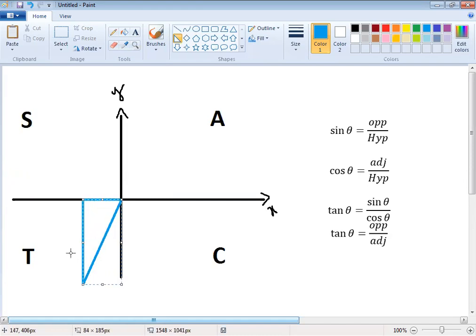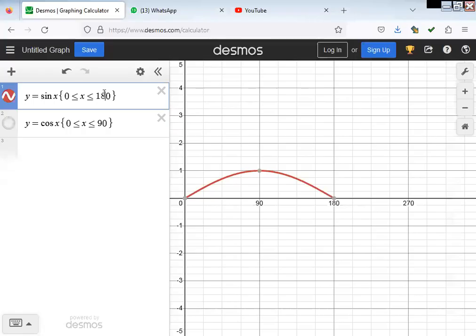But the magnitude will increase. But will this be positive or negative? Negative. The ratio is negative, but the magnitude is increasing. आहिस्ता आहिस्ता वो 270 पे जाके कितना हो जाएगा? -1. Very good. 270 पे sin becomes -1, 180 पे 0 था, and then 270 पे it becomes -1.